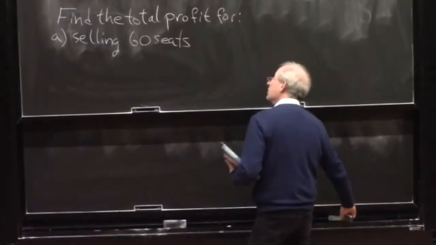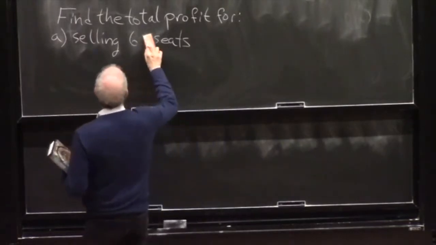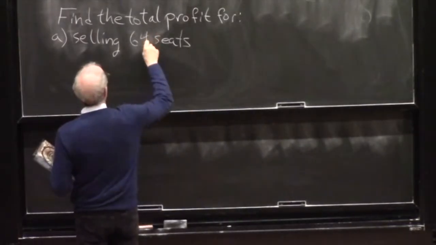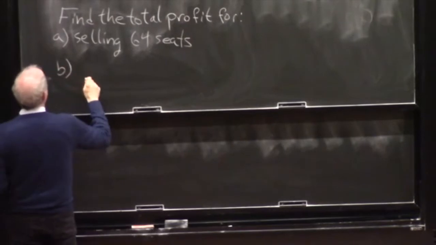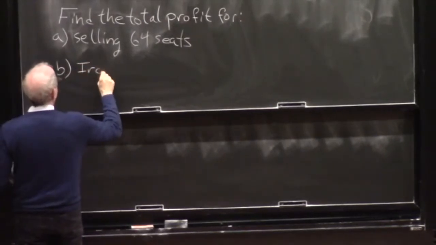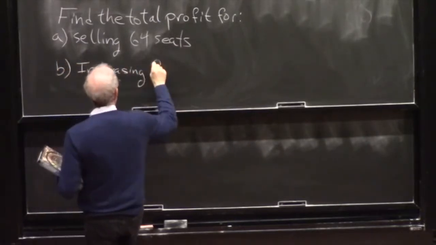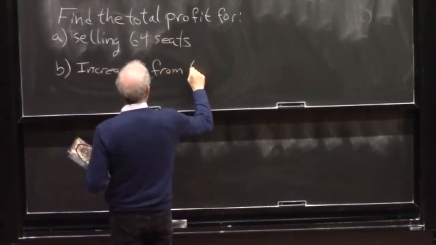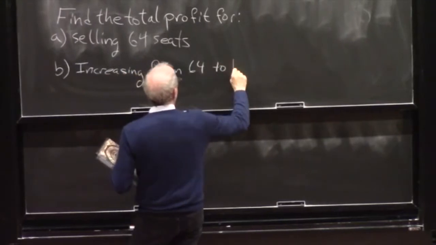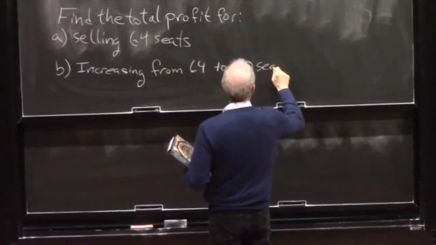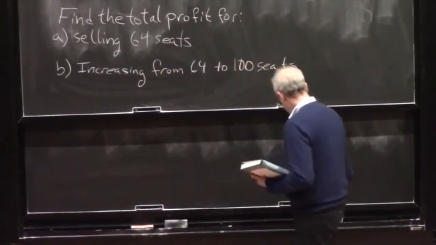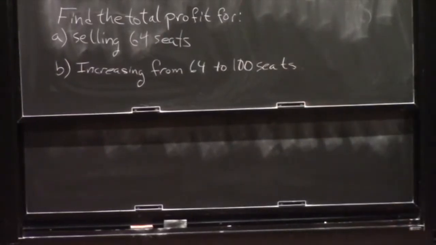I'm going to change the number. Okay, so you can figure that out. And that's sort of a real world example. X is in seats, P is in hundreds of dollars.